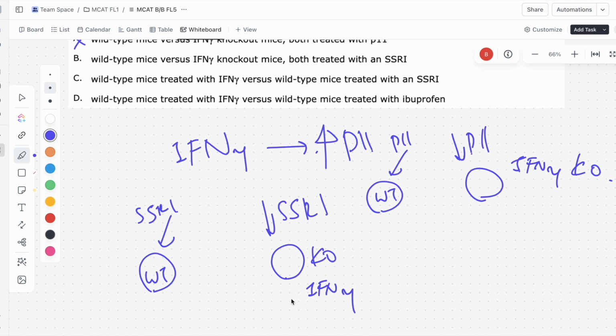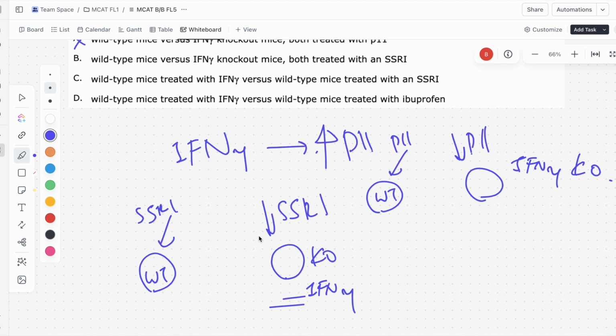And we would expect that if IFN gamma is necessary for the increase of P11 due to SSRIs, then in the mice with IFN gamma KO'd, we would see a lower level of P11 compared to these mice right here. So what we're essentially doing is, in these mice, we're taking away IFN gamma, giving them SSRIs, and then seeing, okay, now what?